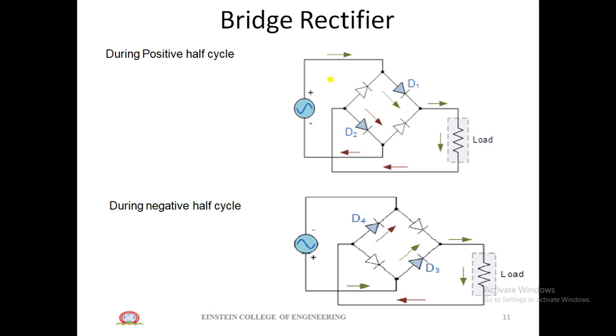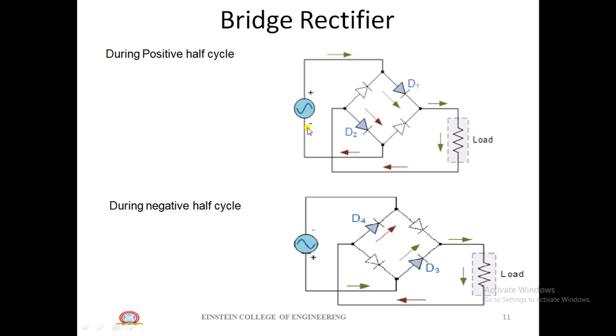During the positive cycle, see this terminal, positive and negative. This positive is connected to this point. So here D1 is forward biased and D4 will be reverse biased. So D1 is on, D4 is off.